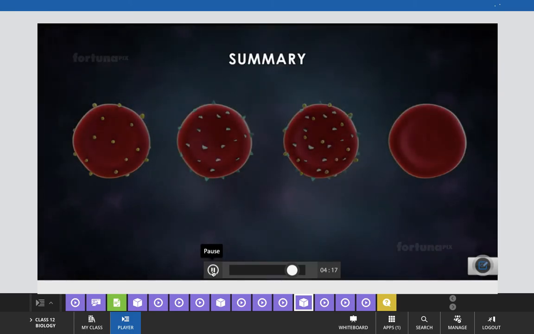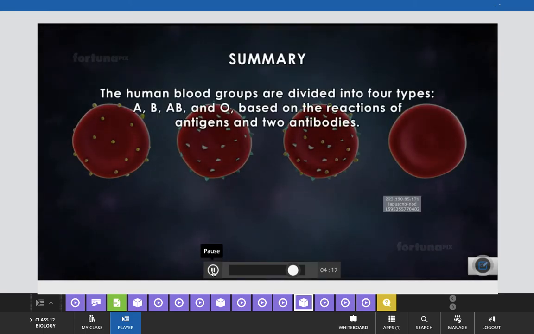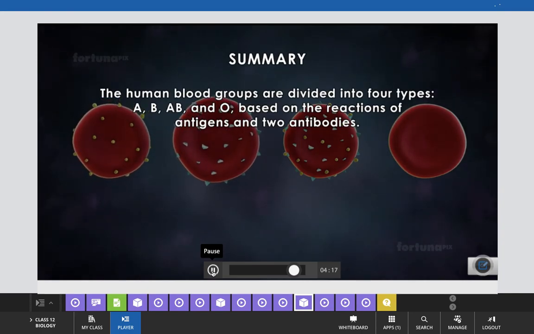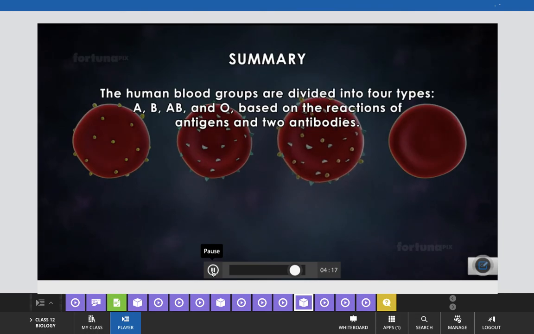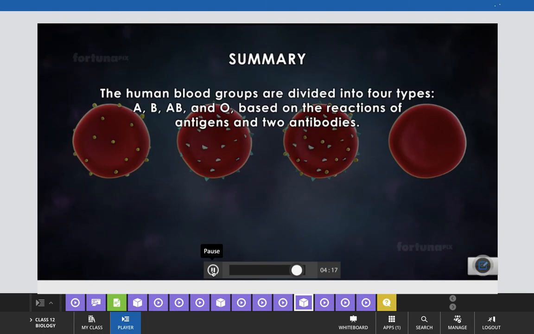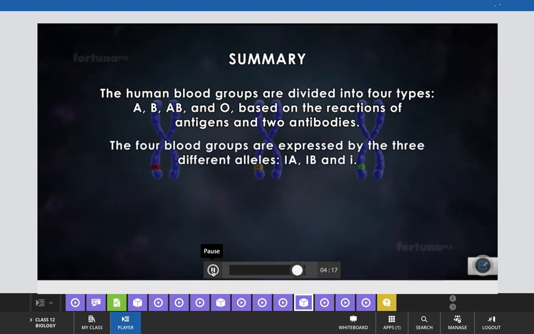Summary: the human blood groups are divided into four types: A, B, AB, and O, based on the reactions of antigens and two antibodies. The four blood groups are expressed by the three different alleles IA, IB, and i.